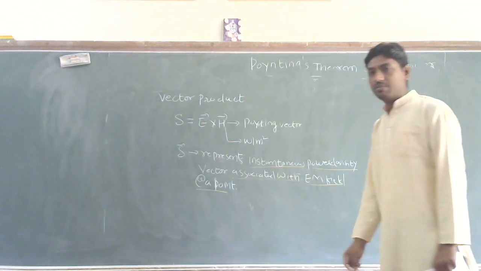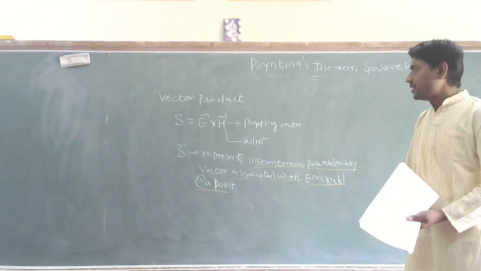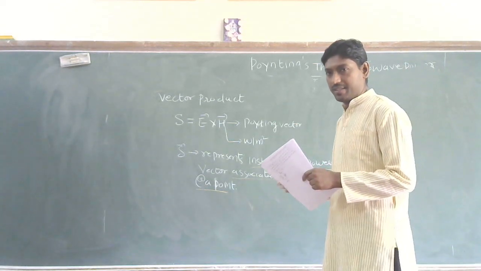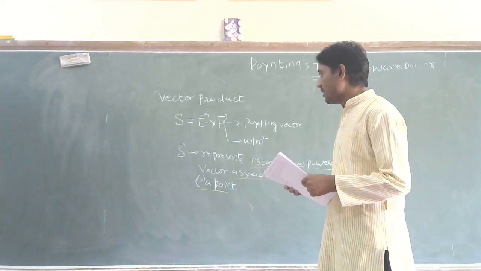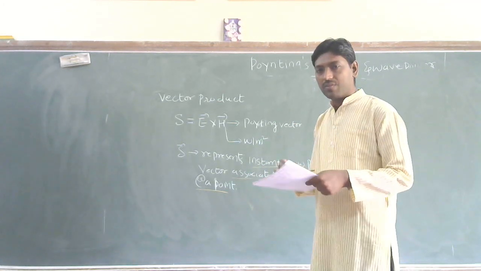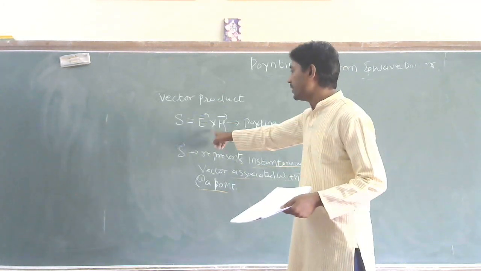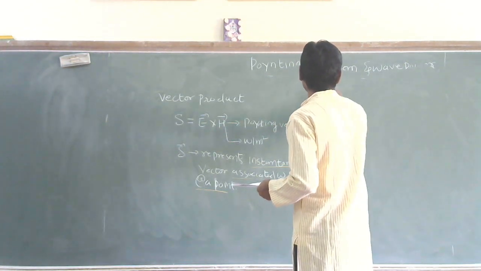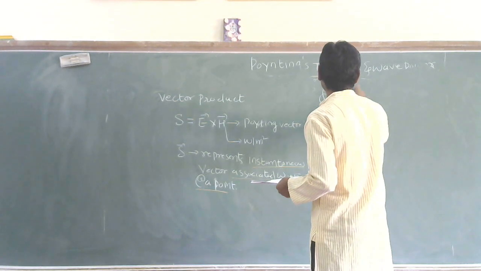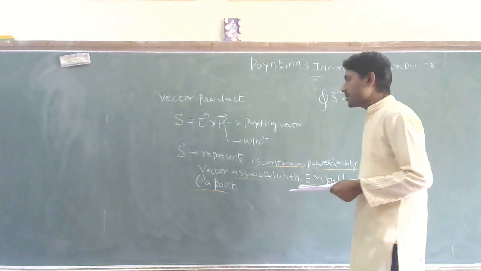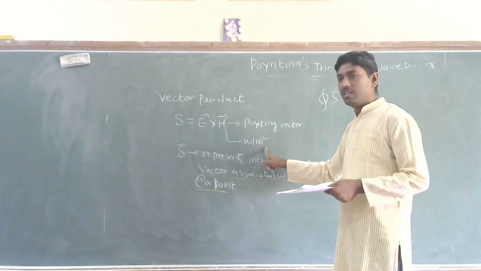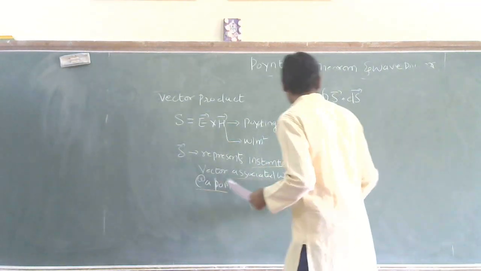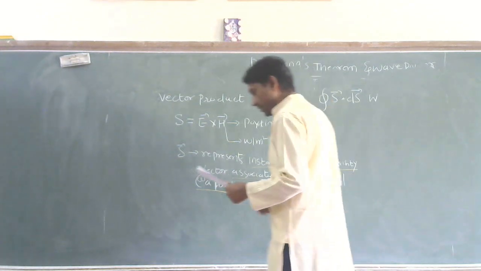So obviously, if you know the power density in a given region, and you want to find the total power leaving some volume, we need to integrate S dot dS, as it is watt per meter square, which gives power measured in watts.